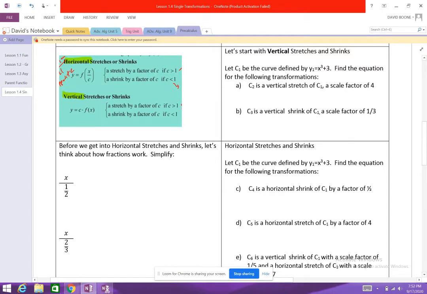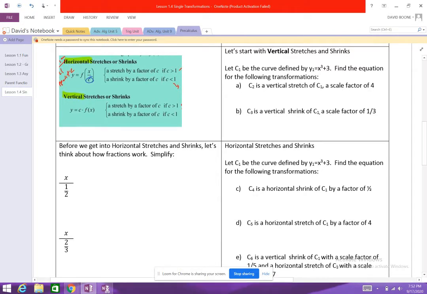First of all, the horizontal stretching or shrinking is something you do to the inside of a function. I like to say inside the parentheses, and that will change your horizontal stretch or shrink.